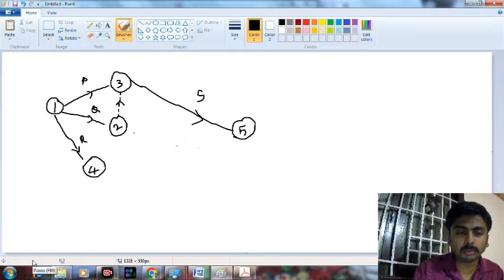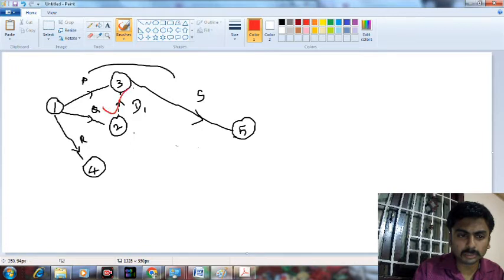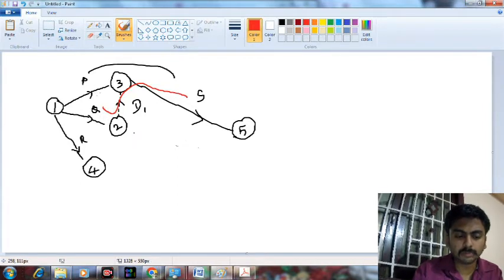So this activity is called the first dummy activity. Now we can see P is the predecessor of S, and through this dummy activity Q is also the predecessor of S.